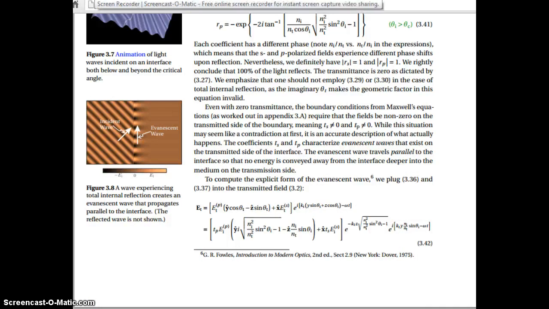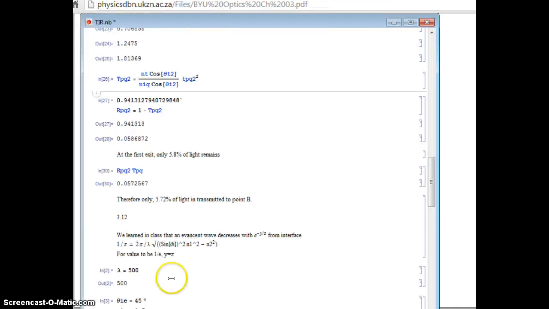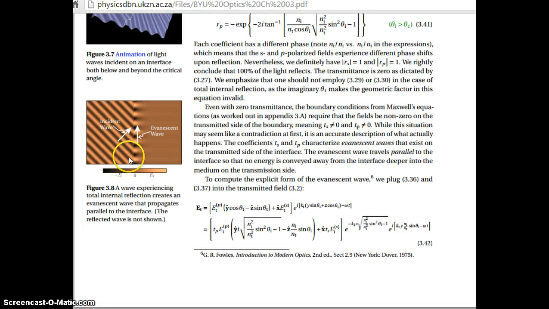So let's go back now to the Mathematica, and we're looking at where the amplitude is equal to the value of 1 over e. We learned in class a long time ago that the evanescent wave decreases at a magnitude of e to the negative y over z. So y is the interface axis, and z is the distance from the interface.